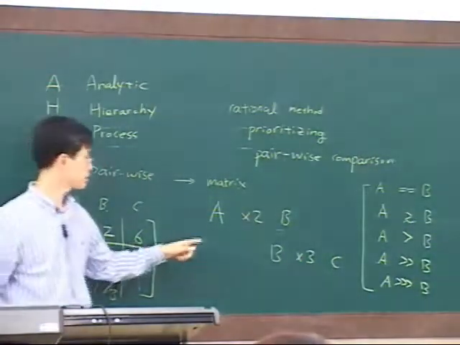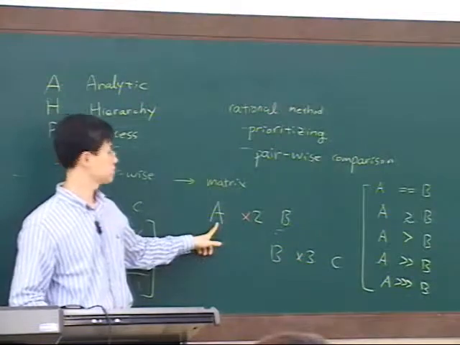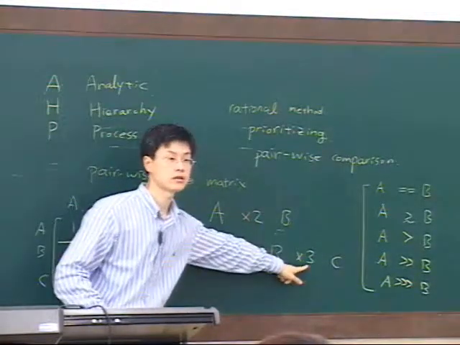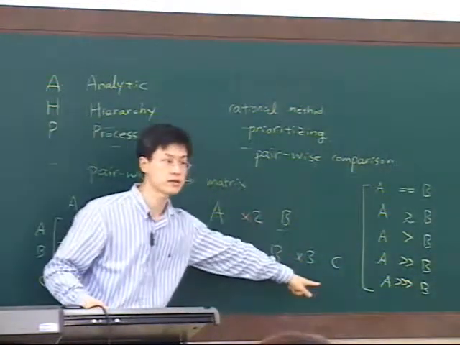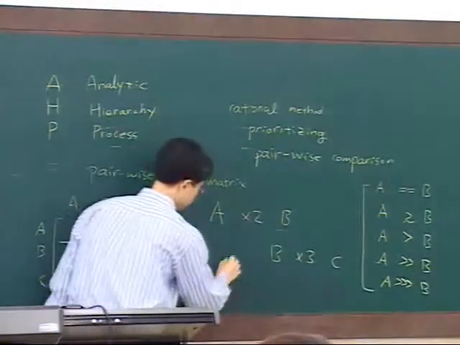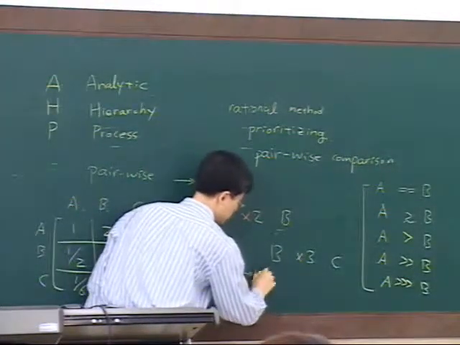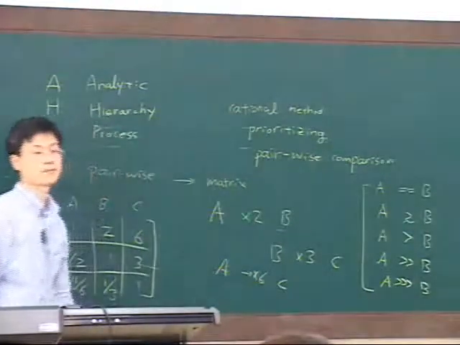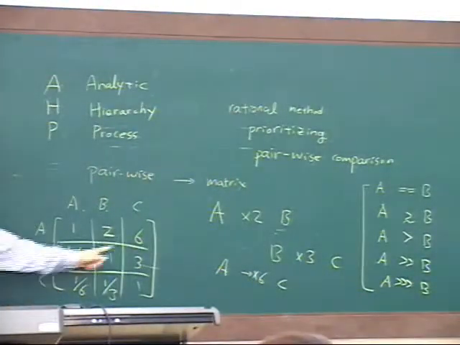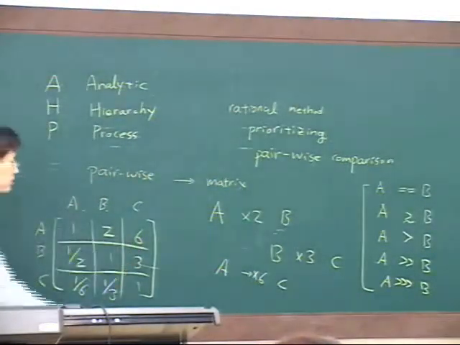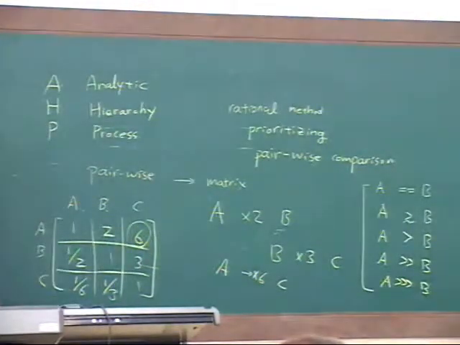We can easily say A is about 2 times 3, which is 6 times more important than C, right? We cleverly did that by putting 6 here and 1 over 6 here.